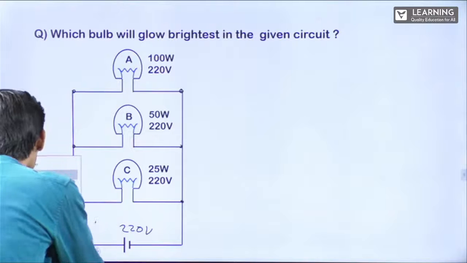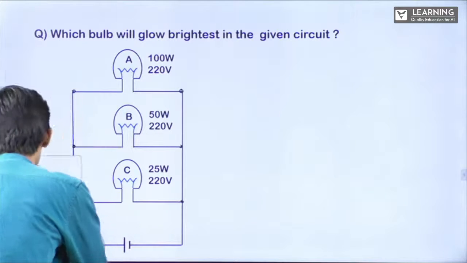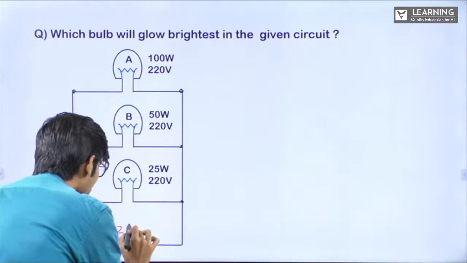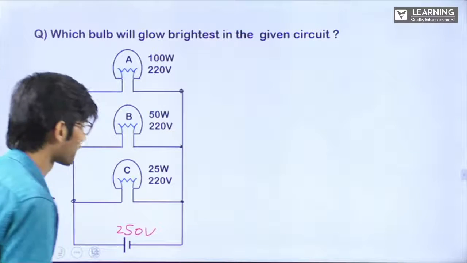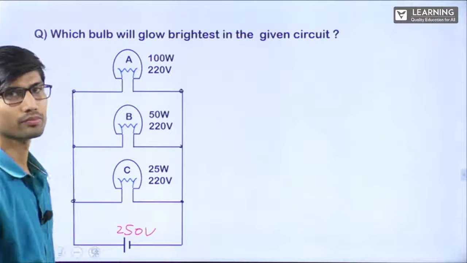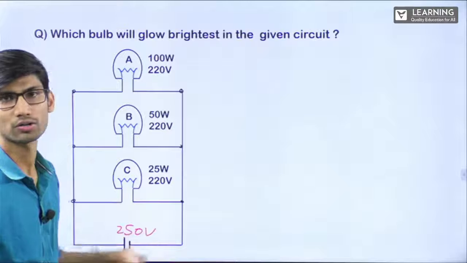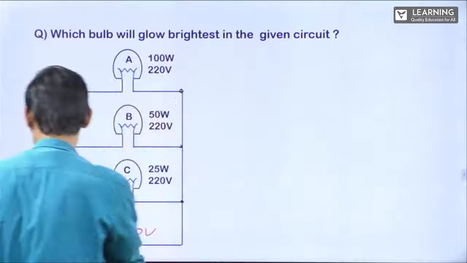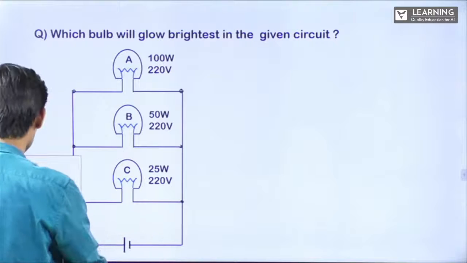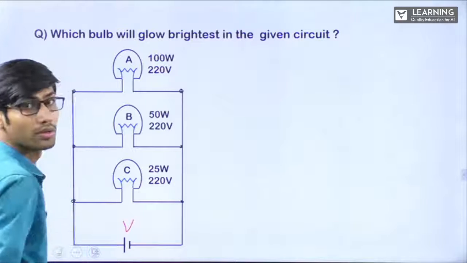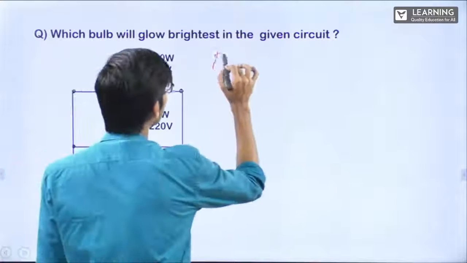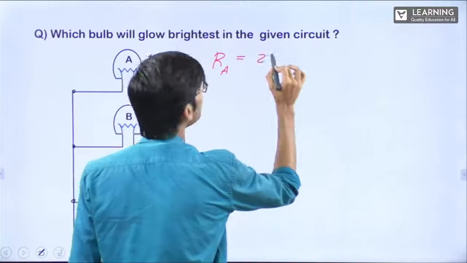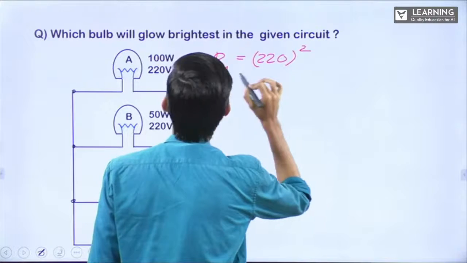Now suppose some other voltage is given. Let's say 250 volt is given. Now potential across each will be same. All right. Now understand, let's say some V voltage is there. Resistance, first thing, RA is equal to 220 whole square by 100.